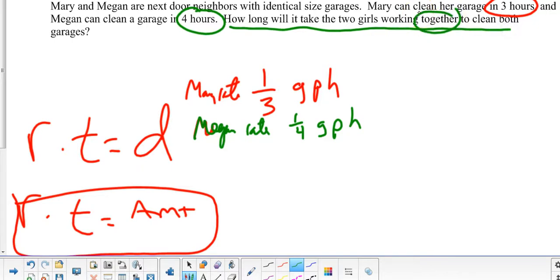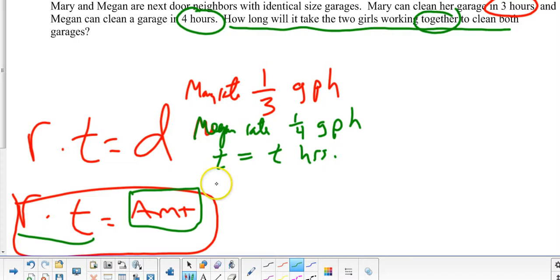So together, we're going to have to add their amount of work done, right? And their amount of work is their individual rate times time. The time is, we don't know, so that's going to be t hours. And the amount of work done is going to be one whole garage.